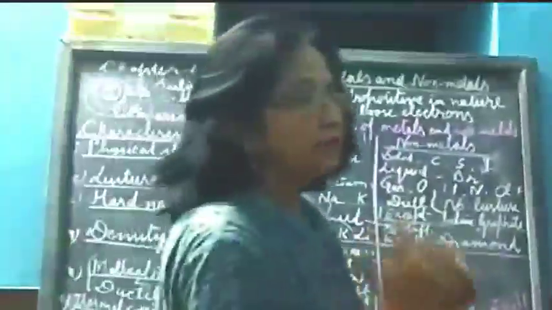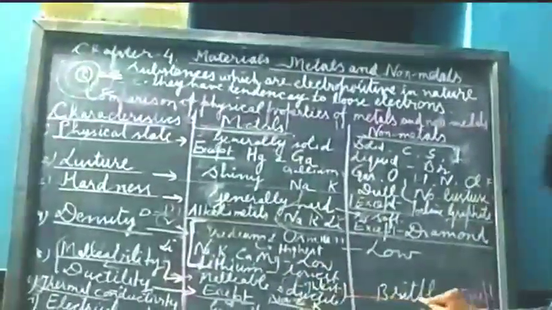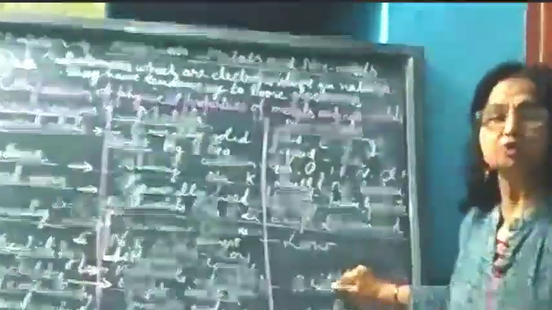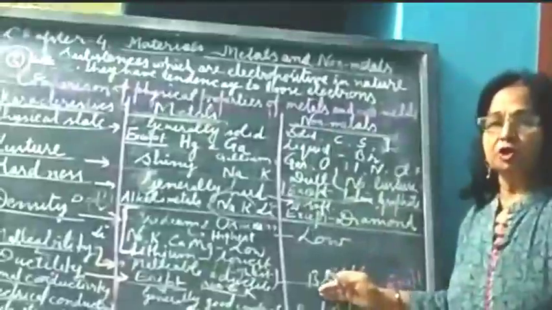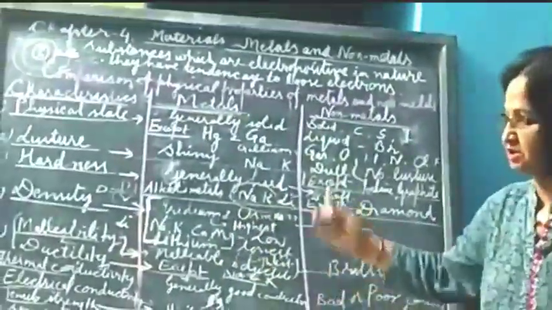Hence, they are brittle in nature. So again, we can say metals are malleable and ductile, whereas non-metals are brittle in nature. It is not possible to make foils or wire with non-metals. So I think your concept regarding malleability and ductility is clear.